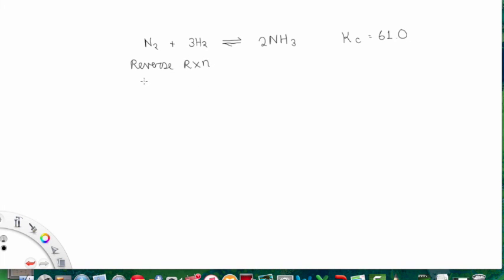In this case, the reverse is merely 2 NH3 dissociating to nitrogen gas and 3 H2. What I wanted to show you here is that when you change the denominator and the numerator in the Kc equation, so now the products are N2 and H2 and the reactants are NH3, we rewrite that equation. So now we have N2 and H2 cubed on the top for the products, and NH3 squared on the bottom.